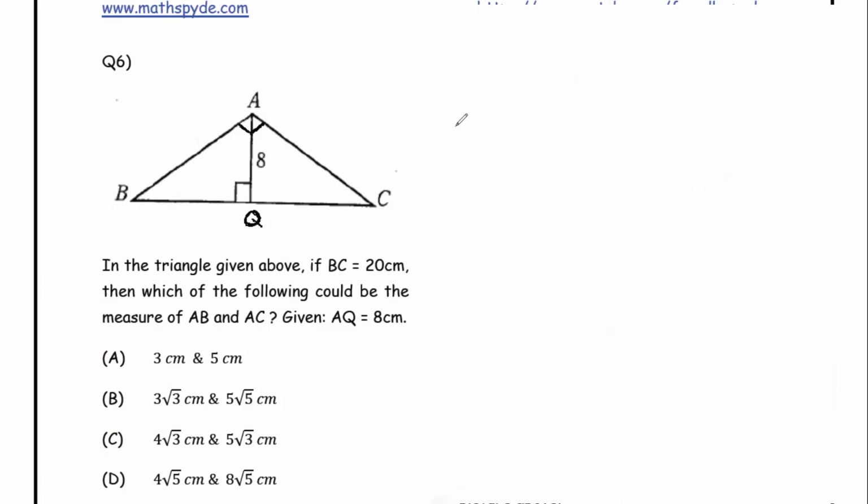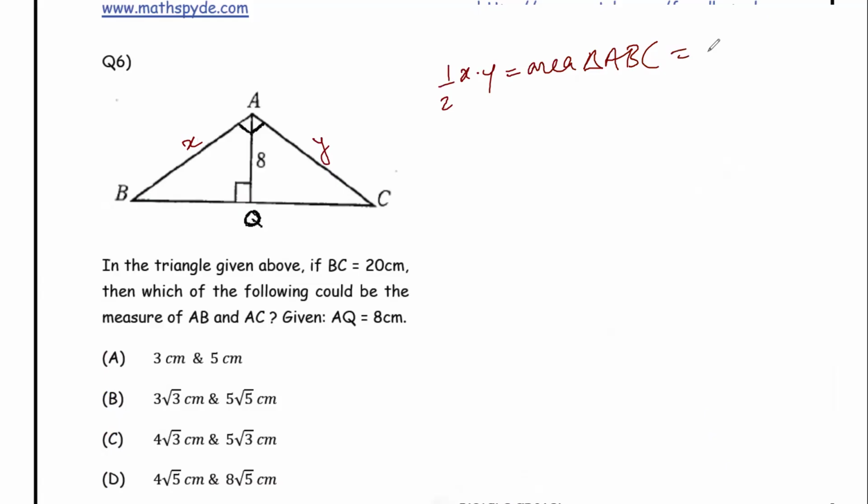Okay. So, AB and AC, they are a base and a height of the triangle ABC. So, if AB is X and AC is Y, then half X into Y is the area of the triangle ABC.